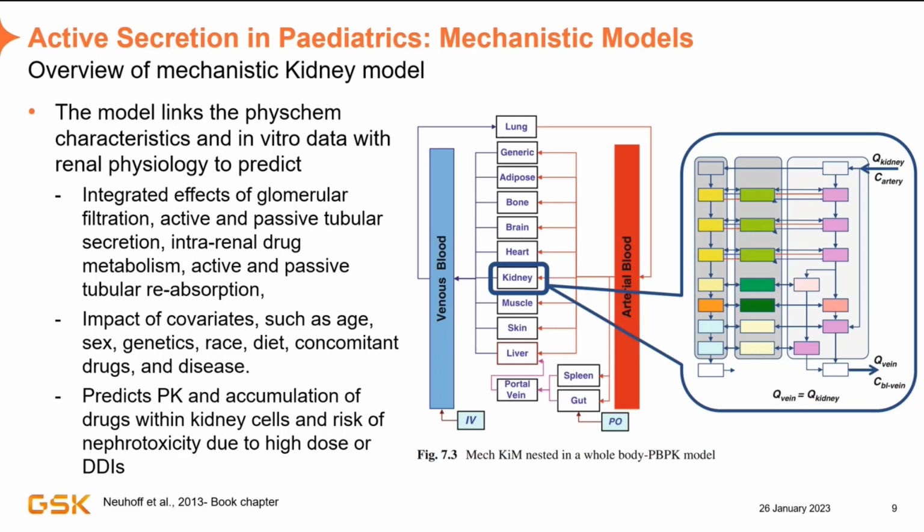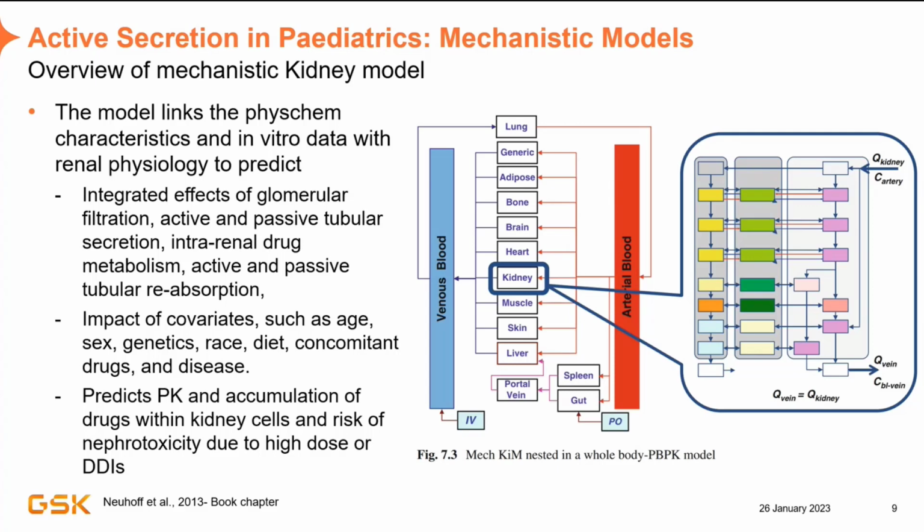So it will include all the parameters I talked about earlier. There will be GFR accounted for, active and passive tubular secretion, and added to that is the metabolism in the kidney tissue, and also the active and passive reabsorption in the tubules. There is also the impact of covariates, such as age, which I was talking about, sex, genetics, and many other parameters.